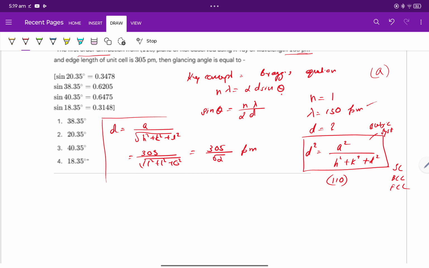Now if you substitute, sine theta equals 1 into lambda, 150, divided by 2 into the value of d, 305 divided by root 2.